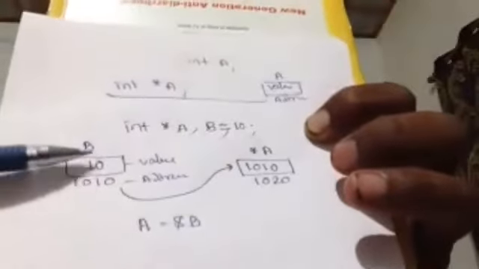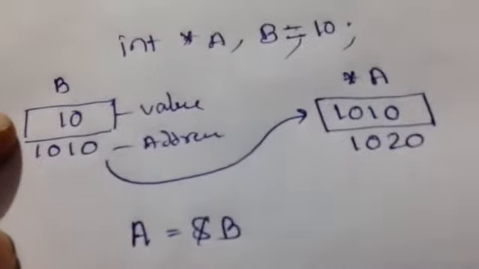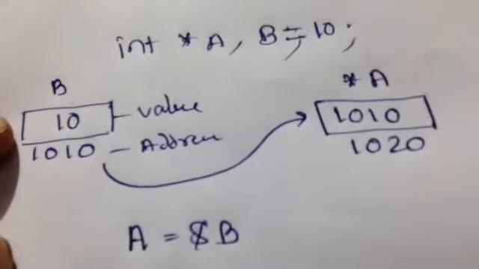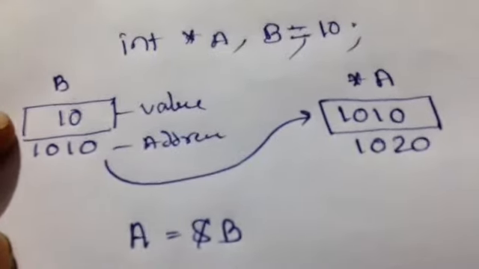That is the definition. How to define a pointer? It is a variable which stores the address of another variable. This is the concept. This figure is clear? Yes, sir. It is a variable which holds the address of another variable.